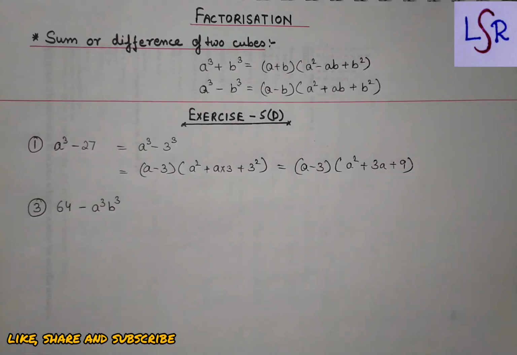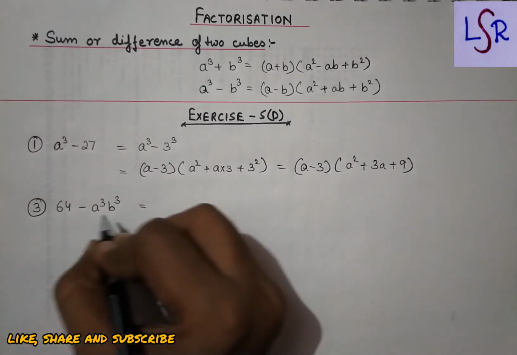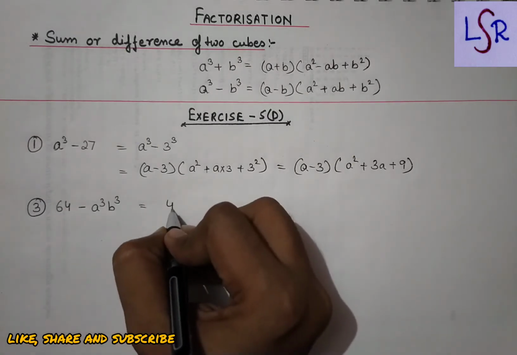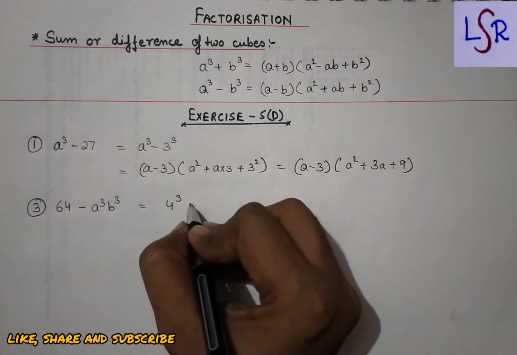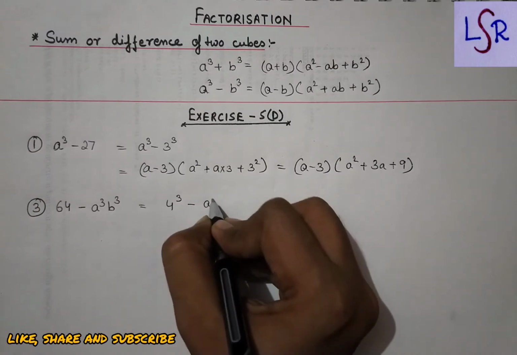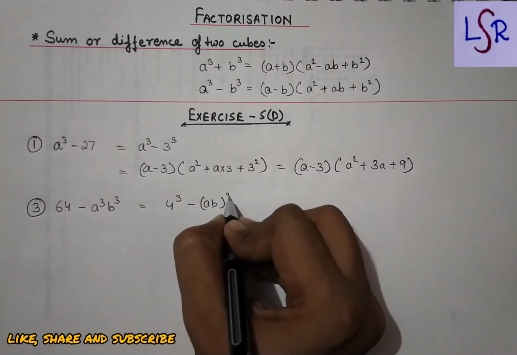Now let's see the third question. Here we have 64, that can be written as 4 to the whole cube, minus this ab to the whole cube.